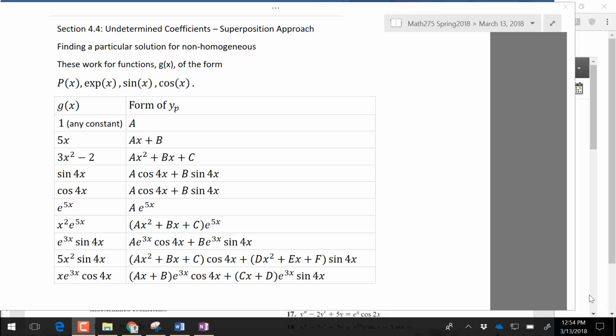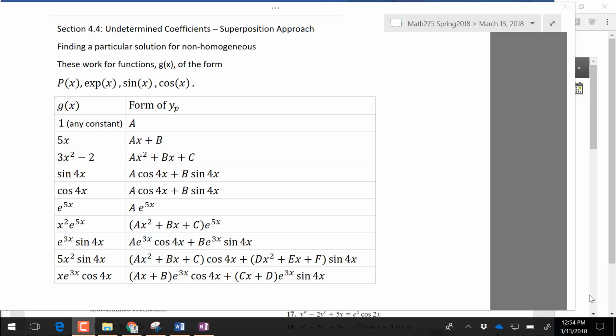Depending on the right-hand side, you're going to form your guess with some coefficients that you're going to solve for. And when you solve for those coefficients, then you have a particular solution. Okay?